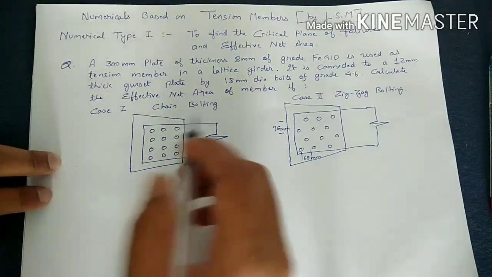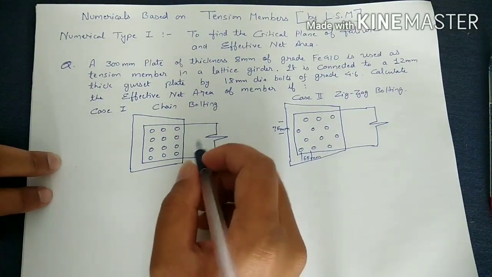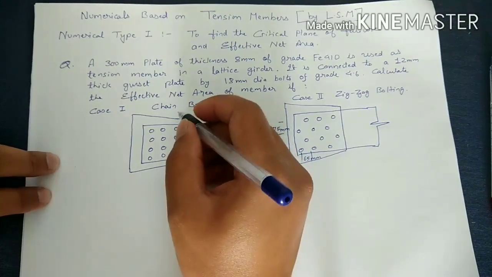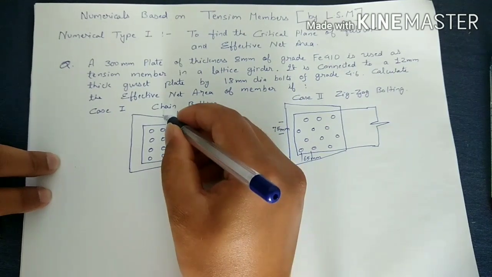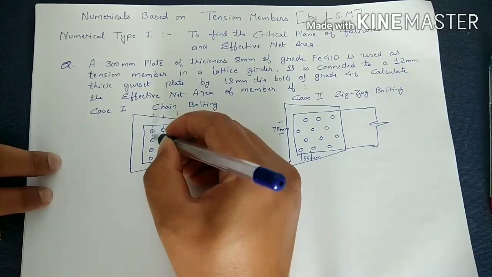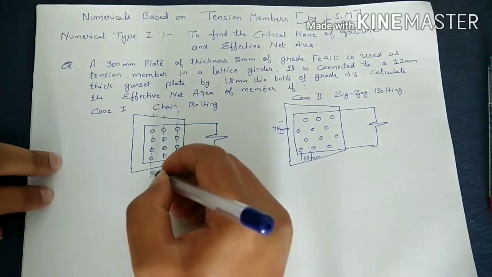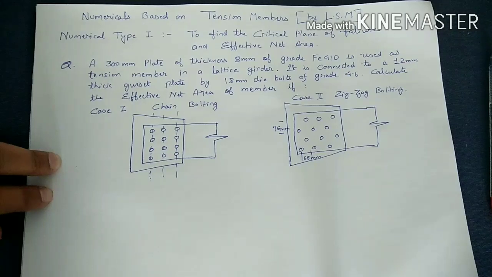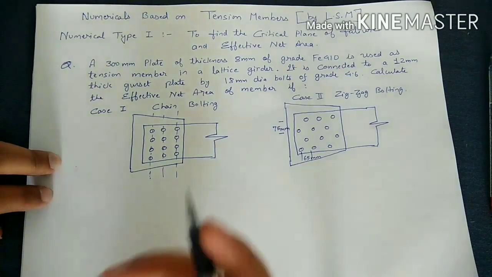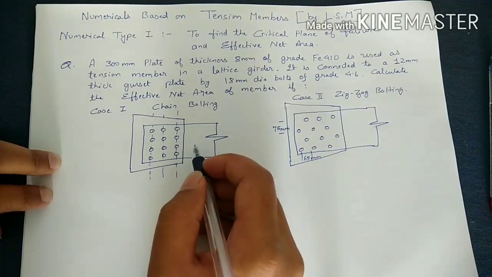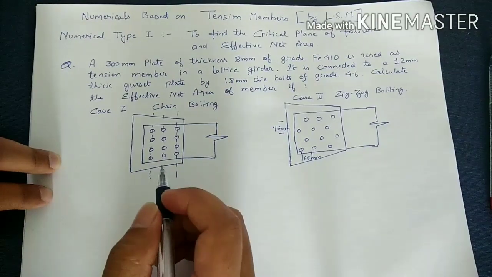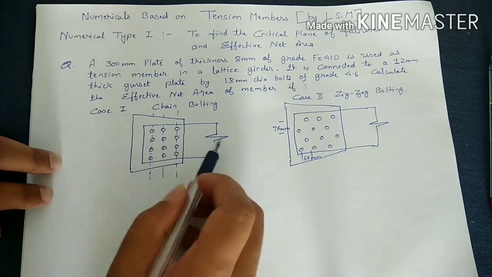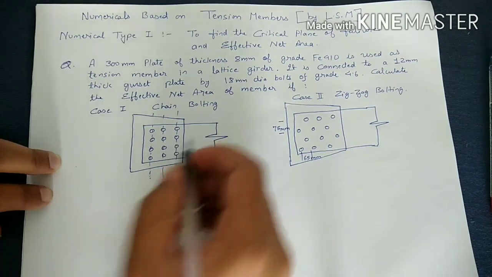In chain bolting, as the diagram says, chain bolting will have three planes: this or this. Since it is all symmetrical, or we can say identical, the critical plane will be any of these bolt alignments, and it will always be perpendicular to the force.